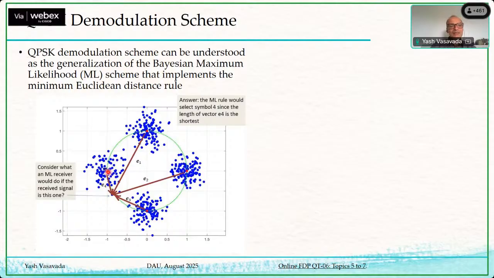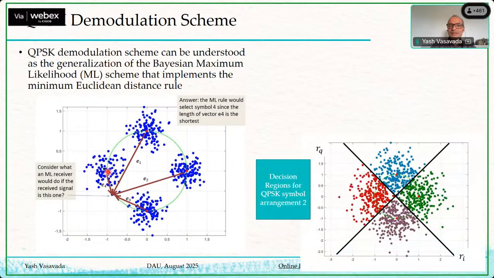And so once I apply this minimum distance detection scheme, I can draw decision regions similar to how I drew it for BPSK. For BPSK, it was just a point halfway between the 2 transmitted symbols. Here, the decision regions are perpendicular bisectors of the lines connecting 2 consecutive symbols.